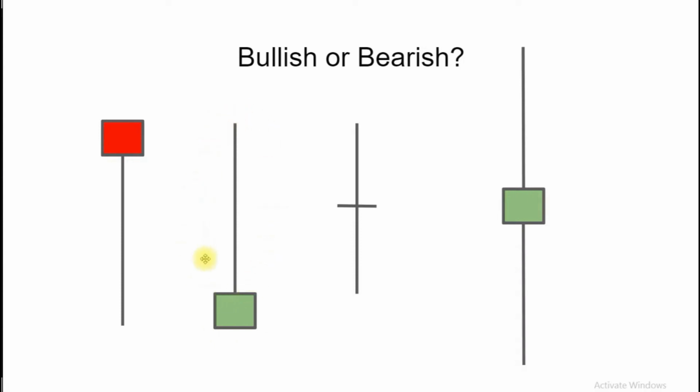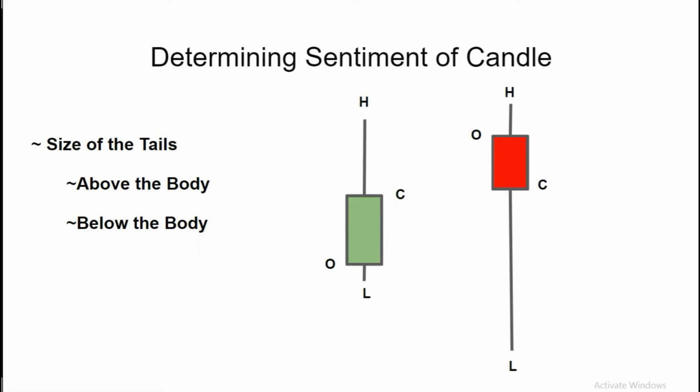What does that mean in regards to the sentiment or psychology of the candle? The doji and the fourth candle both have tails above and below. What does that mean? Determining the sentiment of a candle is not just a matter of analyzing the size and color of the real body. You need to also consider the size of the tails.